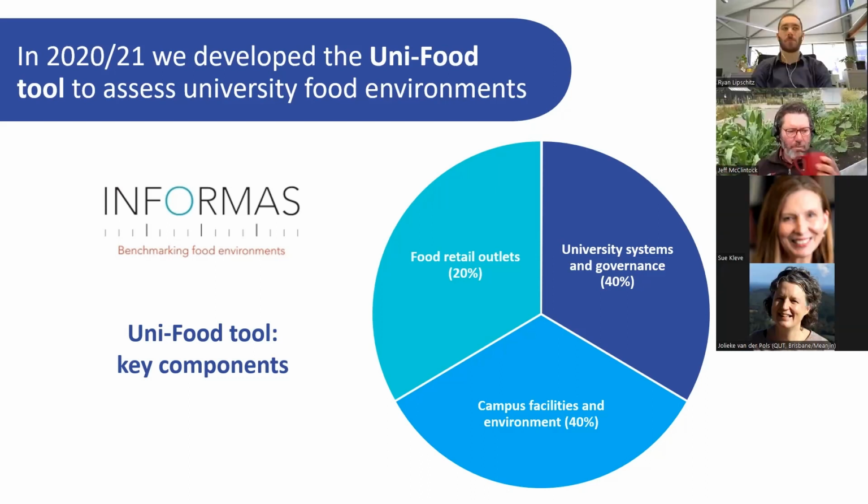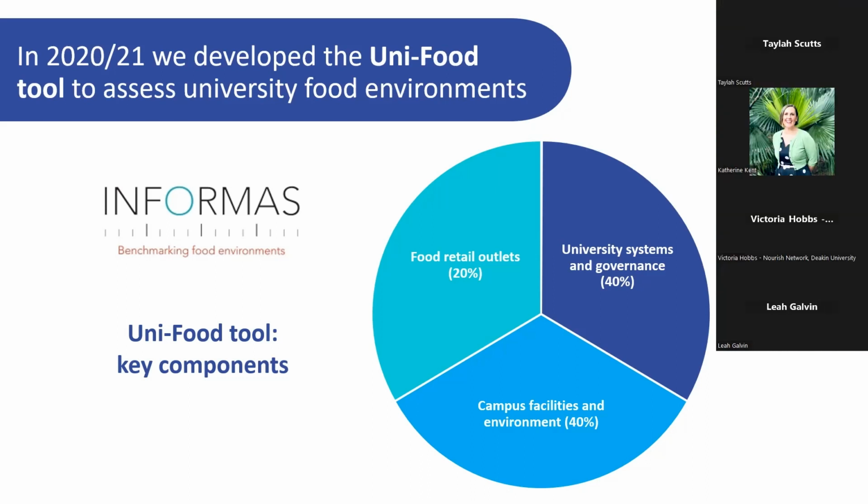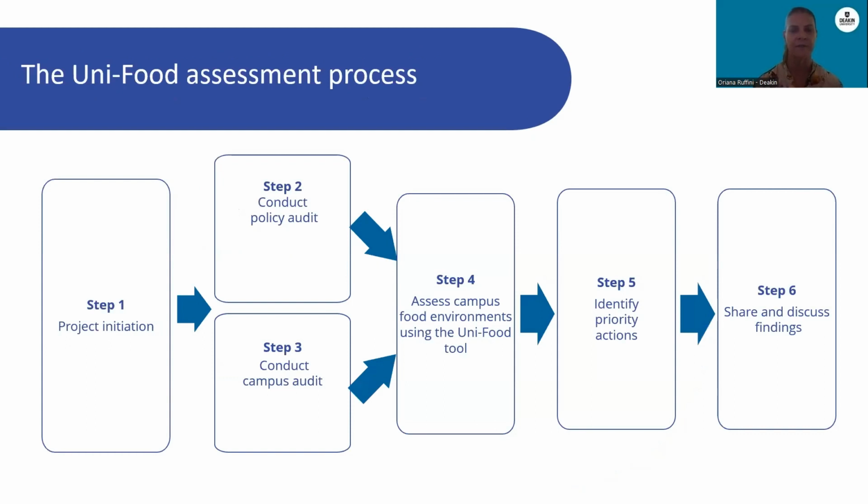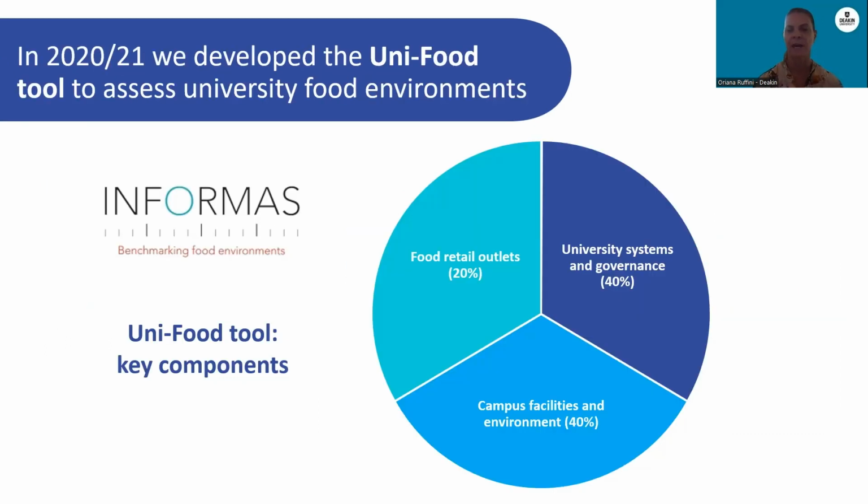The tool can also be used to facilitate benchmarking of food environments across the university sector to increase accountability and stimulate action. The tool consists of 68 indicators, so it's comprehensive, across 3 domains: food retail outlets, university systems and governance, and campus facilities and environment.